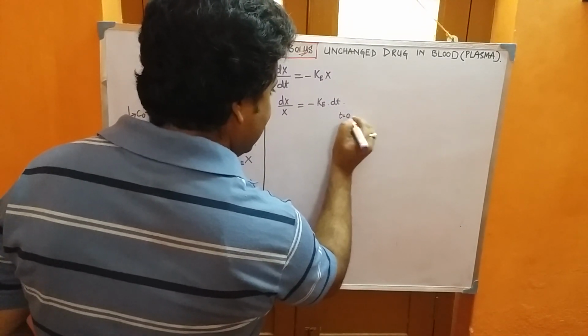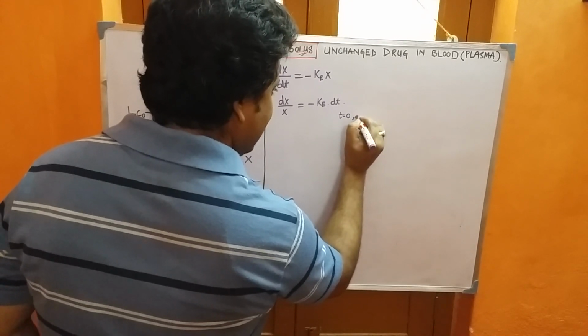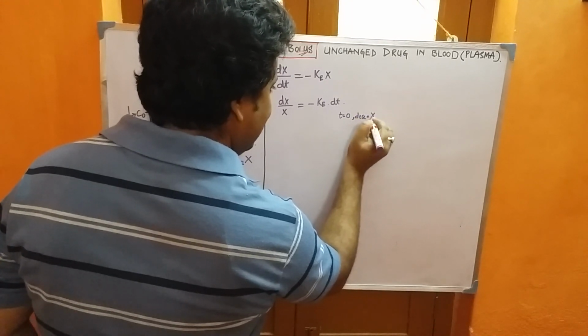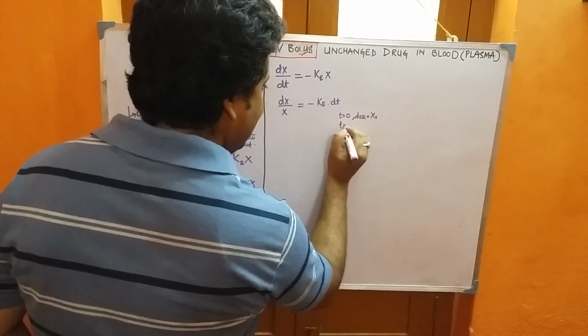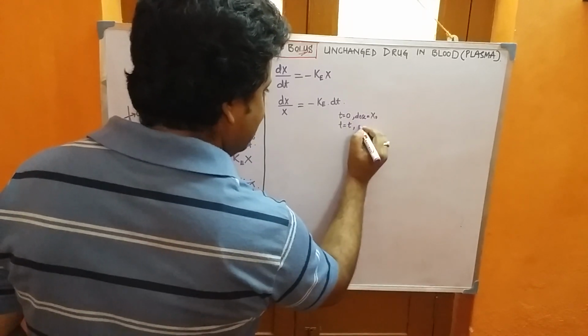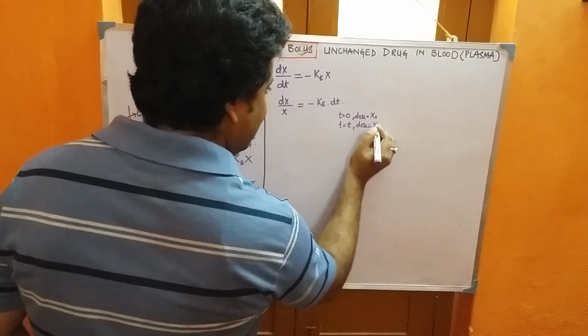When t equals 0, the dose equals x naught. When time equals t, the dose equals x.